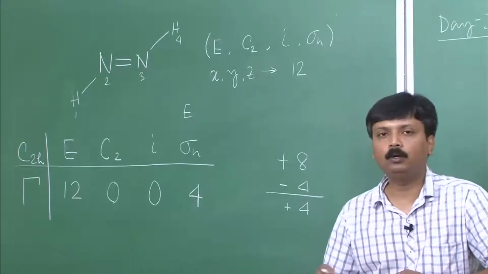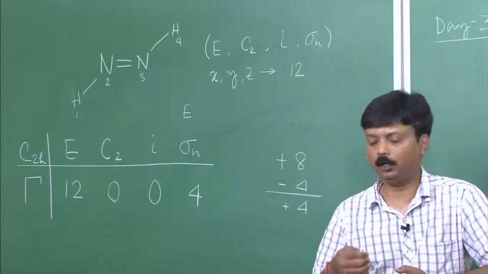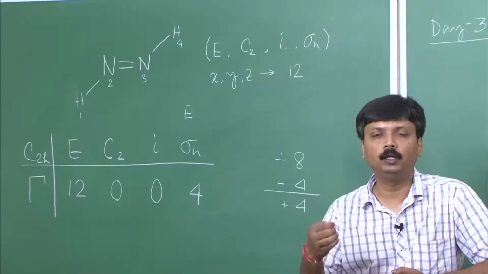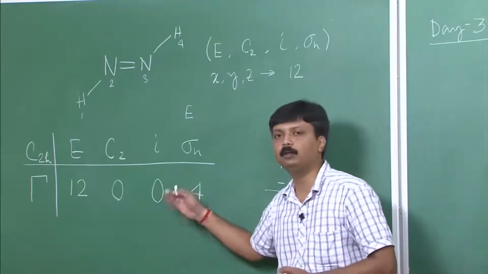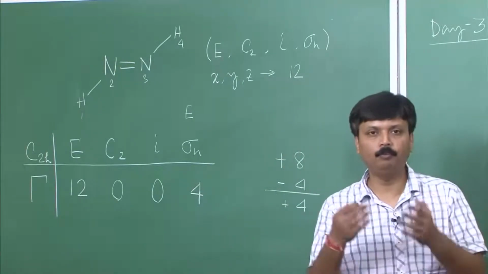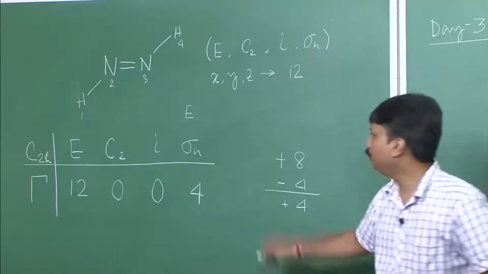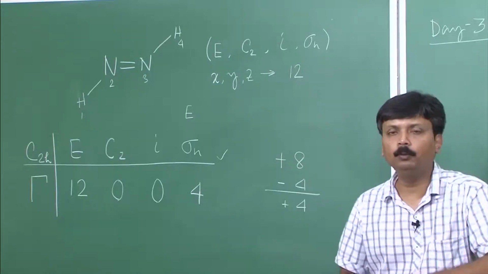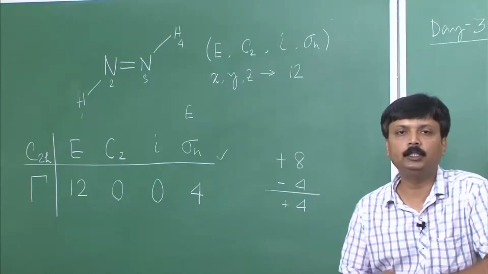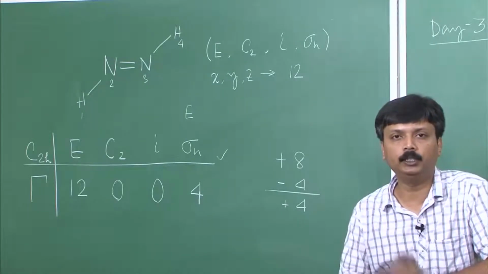So, you can find out how many times each irreducible representation occurs in this particular representation, right. There will be 4 irreducible representations for this one, that also we have seen earlier for the C2h point group. Say Ag, Bg, Au, Bu.